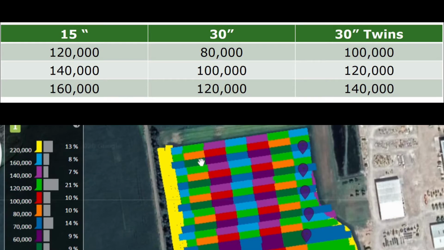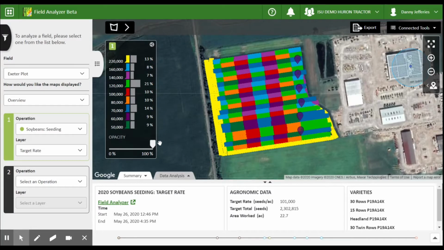So 50,000 is actually 100,000, 60,000 is actually 120,000 because it was planted twice. And then in the center here, we have not 70,000, but 140,000. So a little bit higher population on the twin rows versus the 30-inch. And then on our 15-inch rows, we had the highest populations, 120,000 seeds per acre, 140,000 seeds per acre, and 160,000 seeds per acre. So there are some differences there on the row treatments.